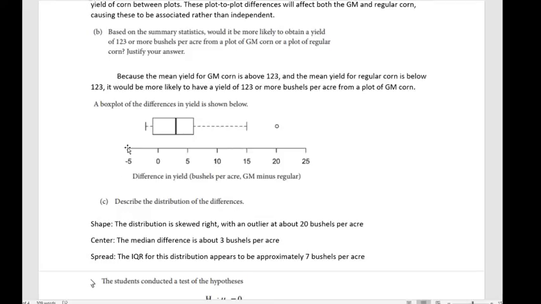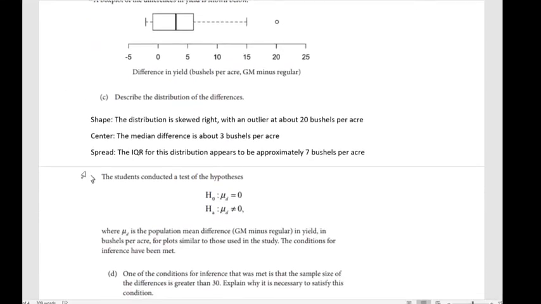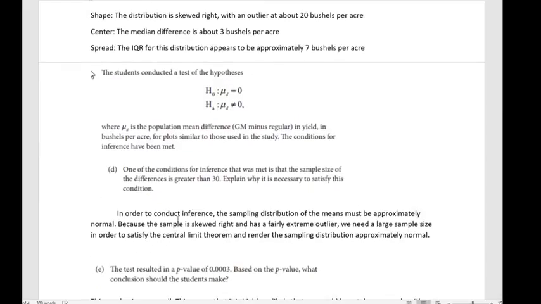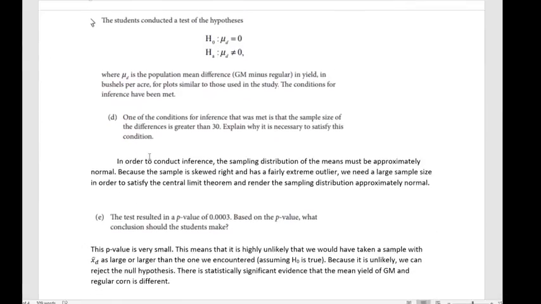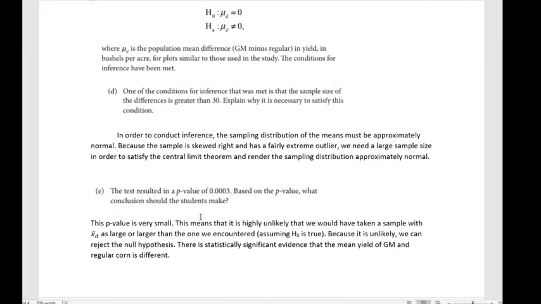We've got some shape, center, spread. We've got some conditions for inference, and we've got some interpreting inference and hypothesis testing. So that's the kind of format that I would probably expect that we'll see there.